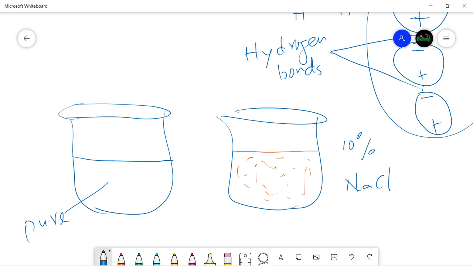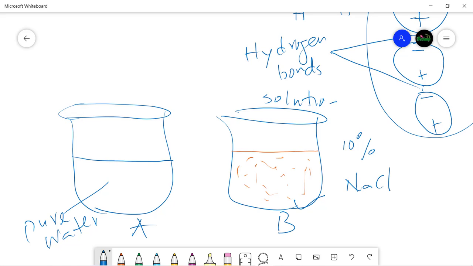Now, this is pure water, and what we mean by pure water is that all the water molecules are free. And we know that chemical potential depends upon the free water molecules, the molecules that can move across a semi-permeable membrane. However, in this particular solution, now this is water and this is solution because we have added solute into it. Say it's beaker A and this is beaker B.